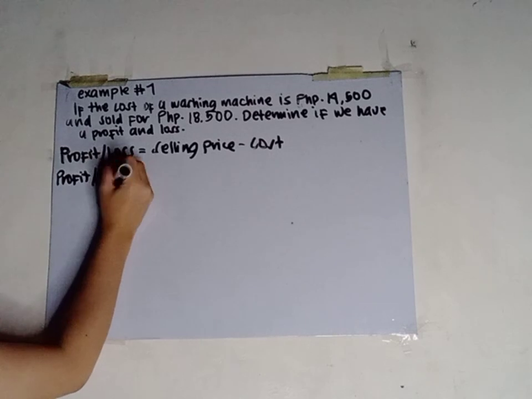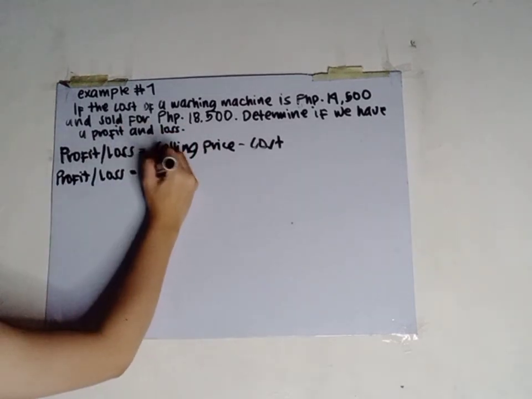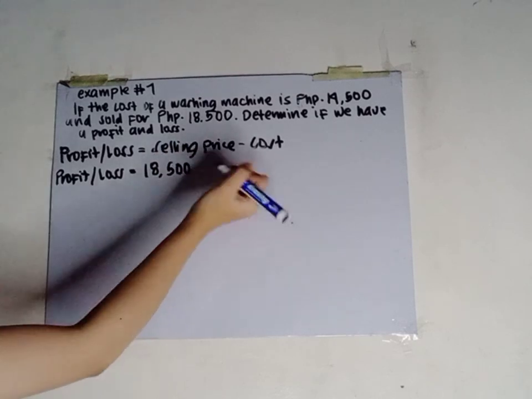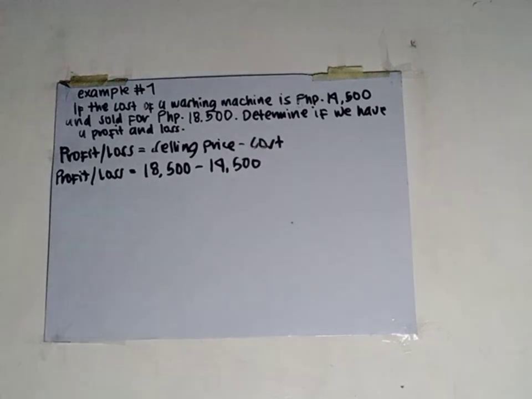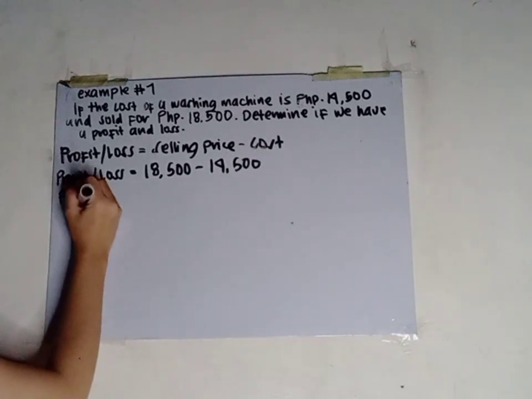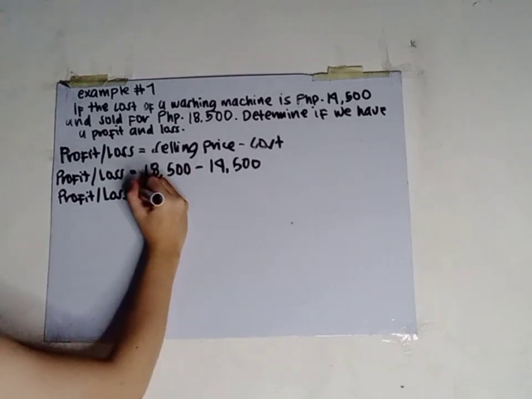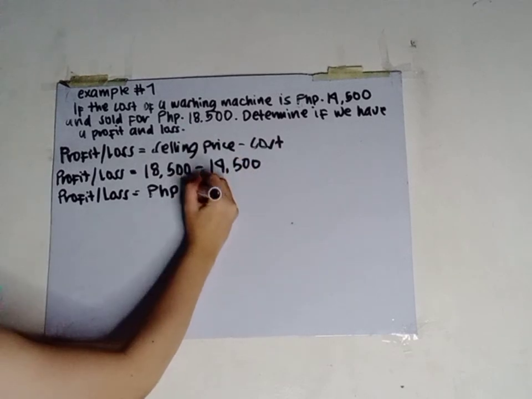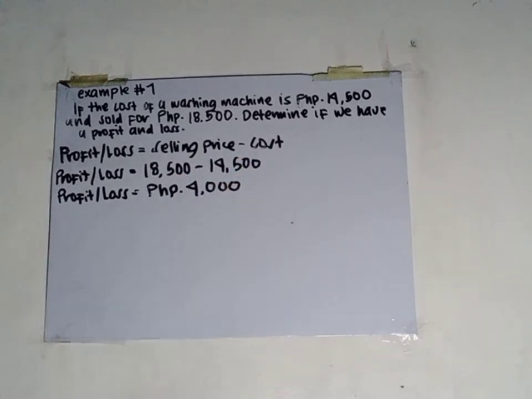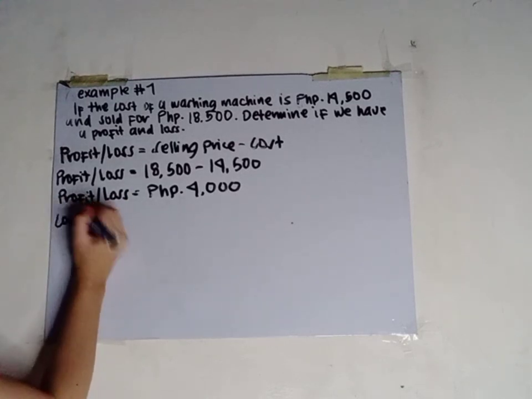Profit and loss equals 18,500 minus 14,500, which equals 4,000 pesos.